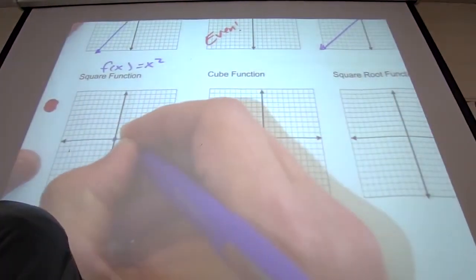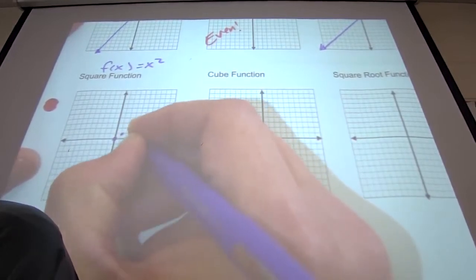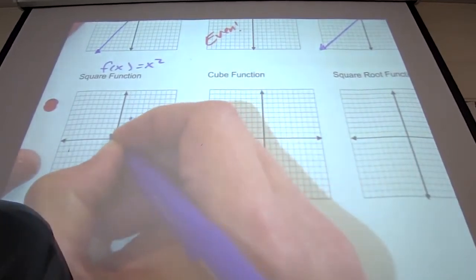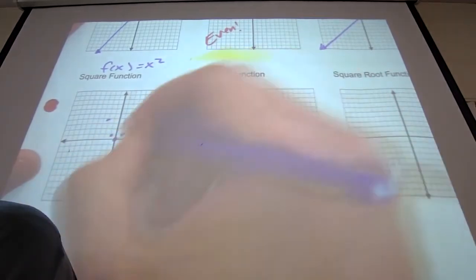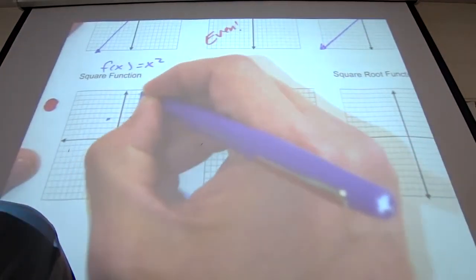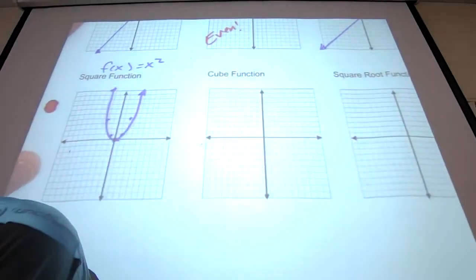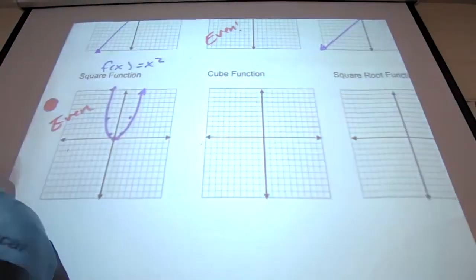So 0, 0, 1, 1, and then over 2, up 1, 2, 3, 4. It is symmetric to the y-axis, so you have negative 1, 1 and negative 2, 4. This is an even function, one of the most famous even functions around. So again, this is even, symmetric to the y-axis.